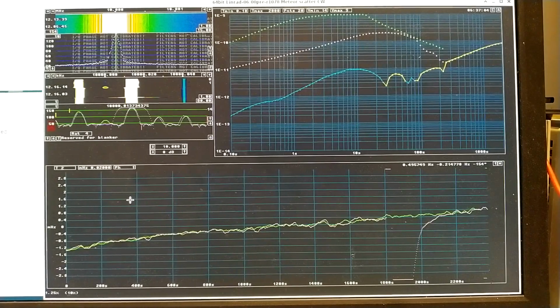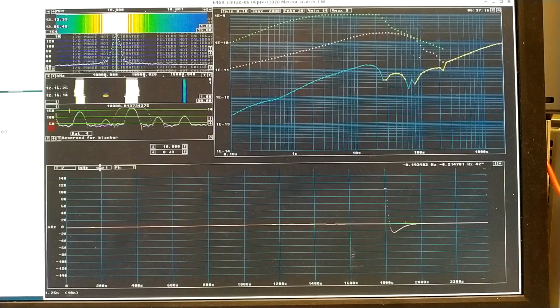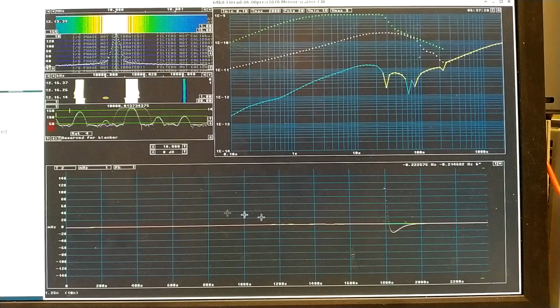Now I have done the same for the channel 1 oscillator. Shorted it for about 10 seconds. And I changed the scale, and I cannot see it yet.